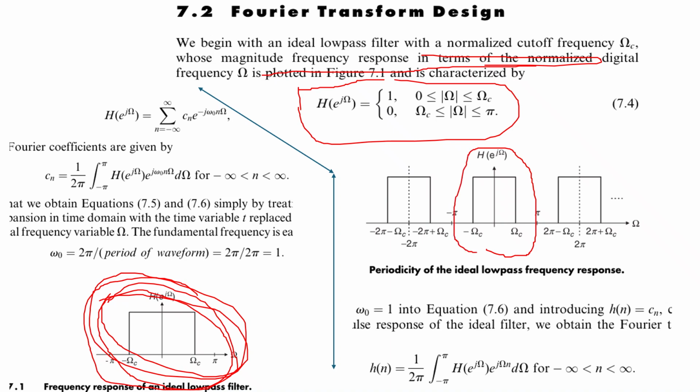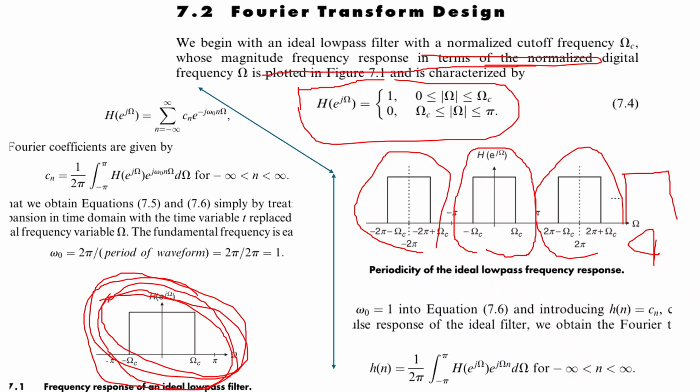And then the next one will be 2 pi plus minus omega c, and the left one 2 pi plus minus omega c. Similarly, the next one will have 4 pi plus minus omega c, and the left side will have minus 4 pi plus minus omega c. Similarly, we can keep on adding, and the rectangular function will depend on the number of terms that we are using, right? So finally, we can get the value of h[n].